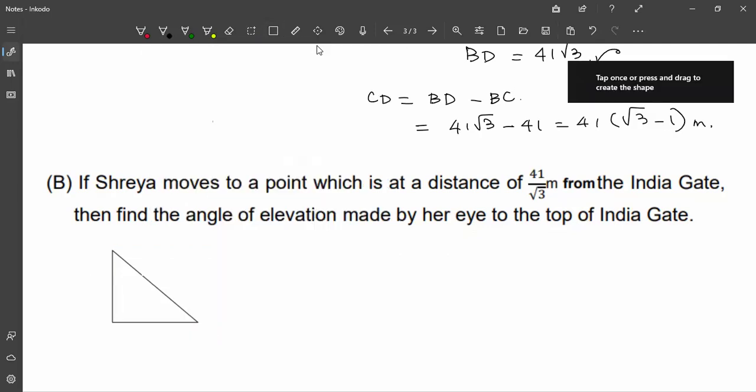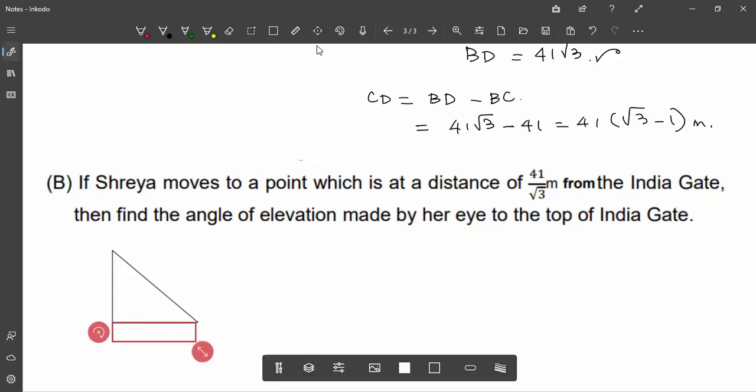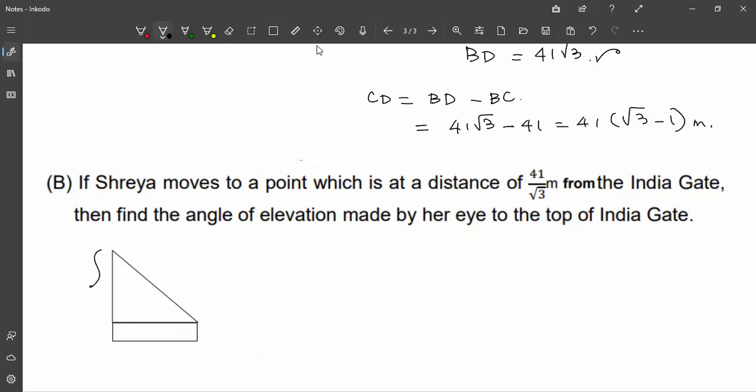I'm drawing a rectangle below because that represents a small height of 1 meter from the ground level. Here, the whole height again is 42. This part would be 41, and this height of hers is 1 meter. Now, we need to find the angle of elevation theta.